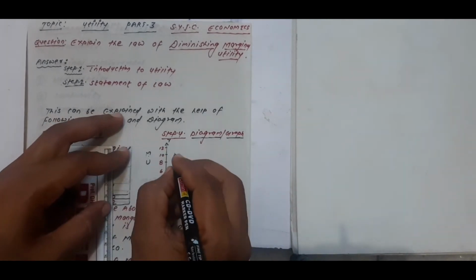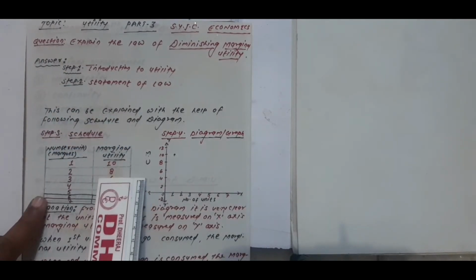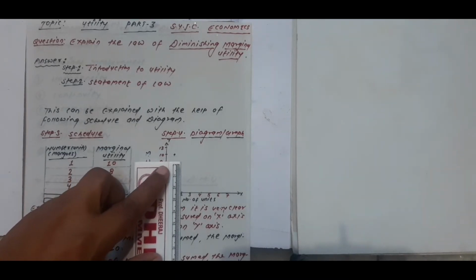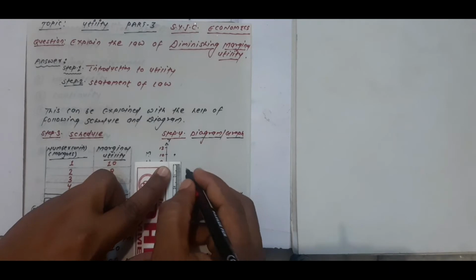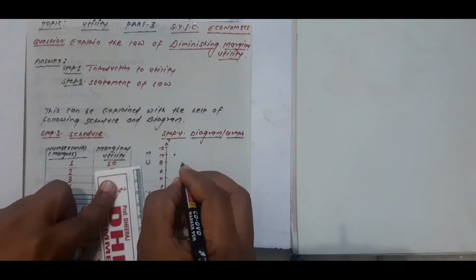Put the point. When the second unit was consumed, utility was 8. So for the second one, your utility was 8. Put 8 here. Okay.